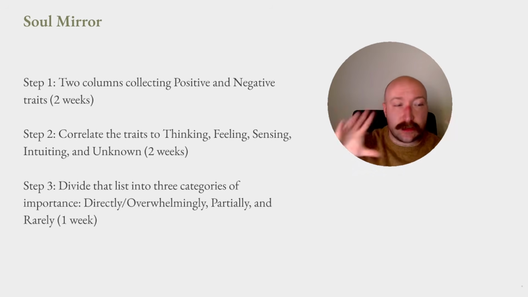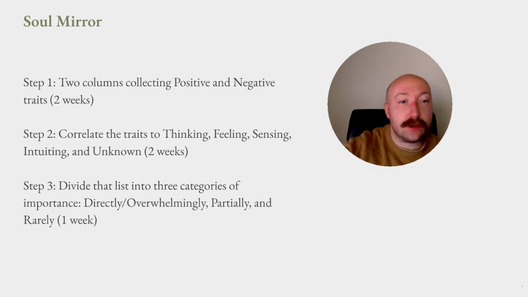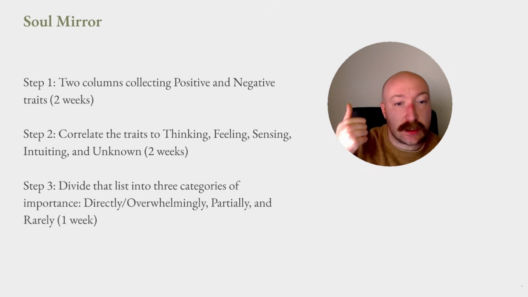And then the third step, so they all get correlated to an element or one of the Jungian functions. And then step 3, you take all of that and you divide them all into 3, which is of importance. So directly, like ruining your life, or affecting your life partially, and rarely. That will take a week.